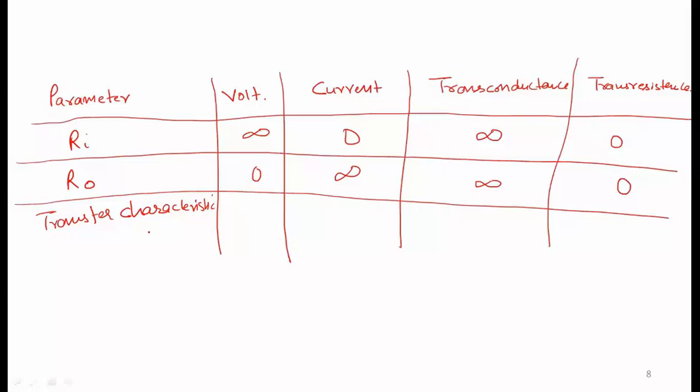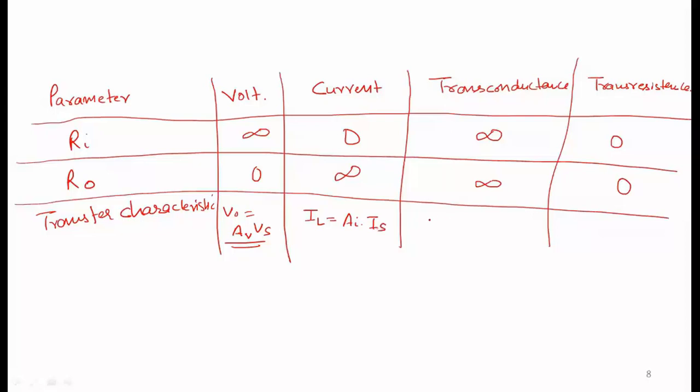And for the transfer characteristics, we have V naught is equal to AV into Vs. Here we have the output current, IL or I naught, equal to AI into Is.